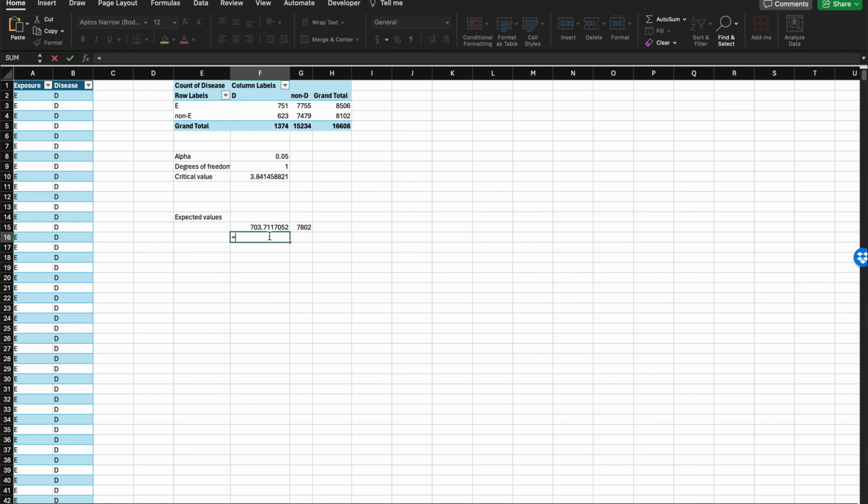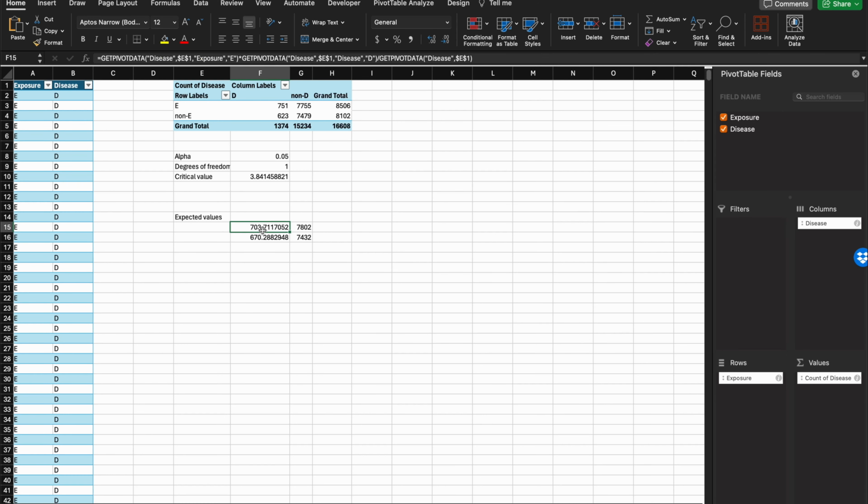So that's going to equal that 623, its row total times its column total, divide by sum total. Great. And then for the last one equals, that's the 7479, its row total times its column total, divided by the sum total. And there I have my expected values under the null hypothesis. If you give me 16,608 people, this is what I would expect under the null hypothesis.